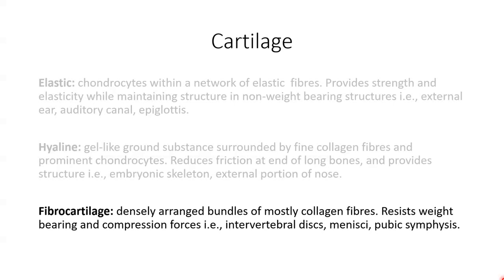And the meniscus, which is that pad of cartilage in the knee, which sits between the femur and the tibia. Fibrocartilage supports and joins structures together, and its strength and rigidity, mainly due to those thick bundles of collagen fibres, make it the strongest type of cartilage.